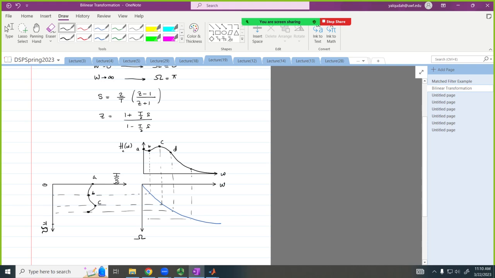I keep mapping these frequencies. Eventually, at infinity, this is going to map to a frequency equal to pi.